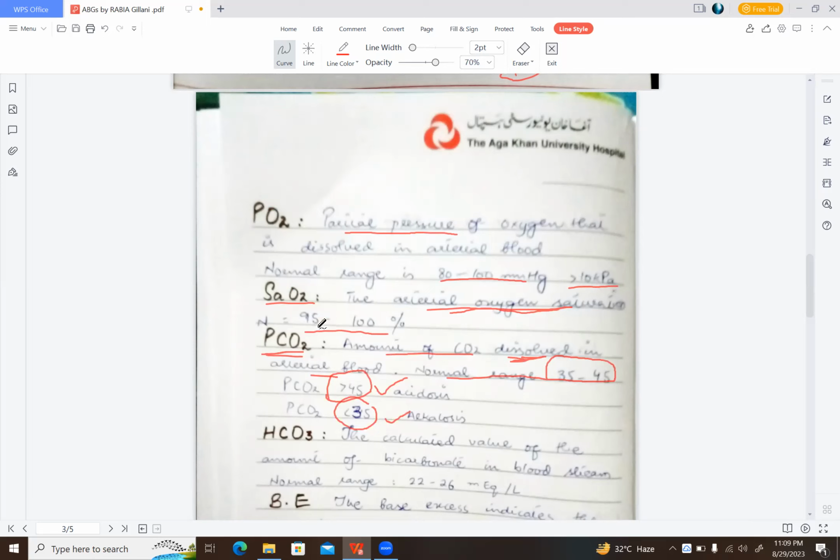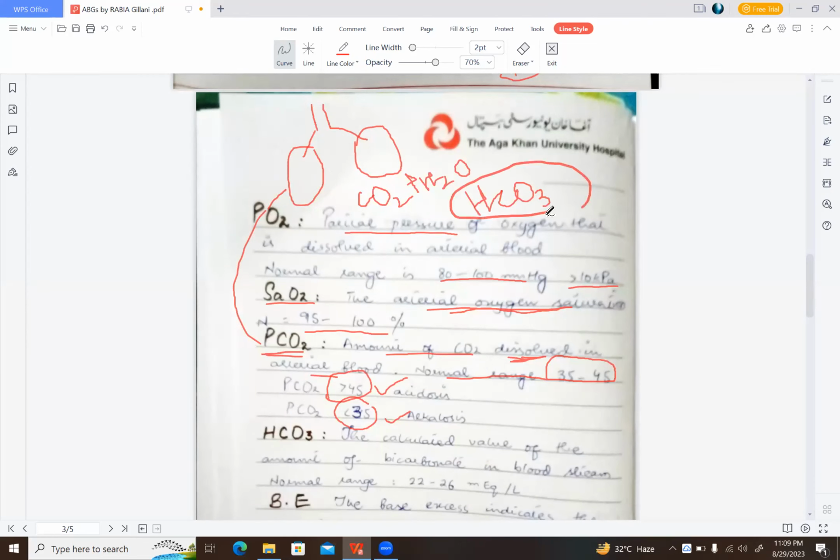How and why? Carbon dioxide, it is coming from the lungs. This is your lungs, and carbon dioxide, it is coming from the lungs. Whenever carbon dioxide combines with water, H2O, it becomes carbonic acid, H2CO3.